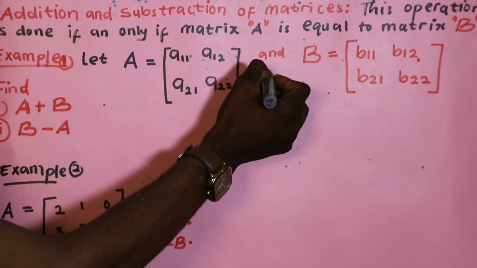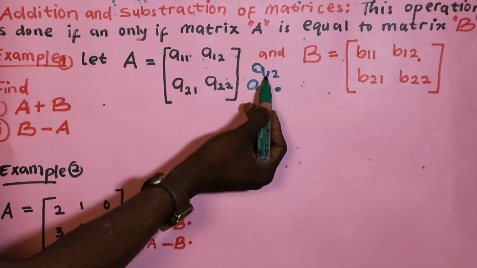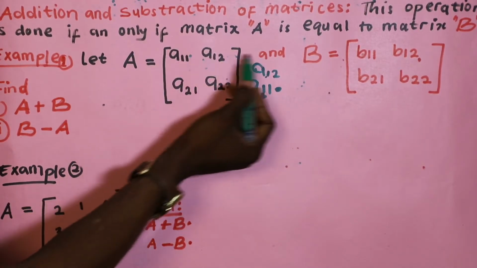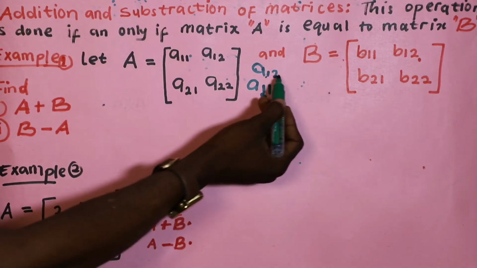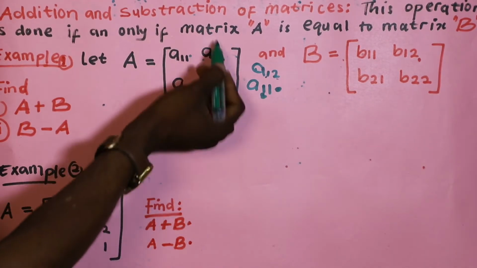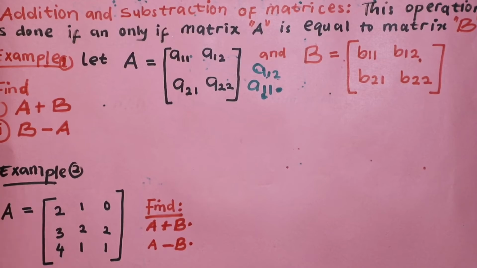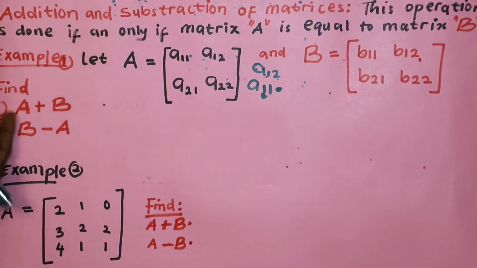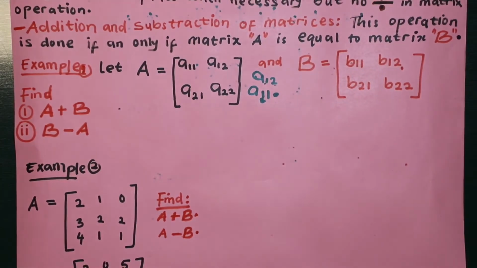When we say A12, the first number represents the row where this A is located, and the second represents that this A is located in the second column. Likewise in the B matrix. When solving this, let's find A plus B and A minus B.